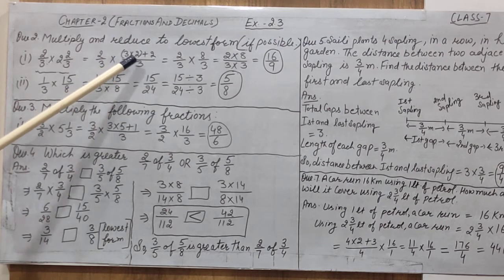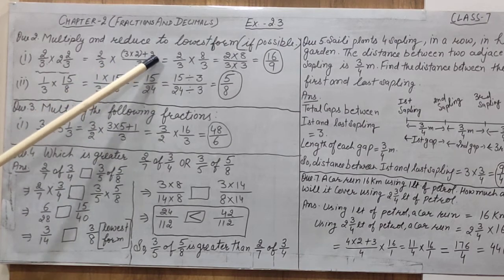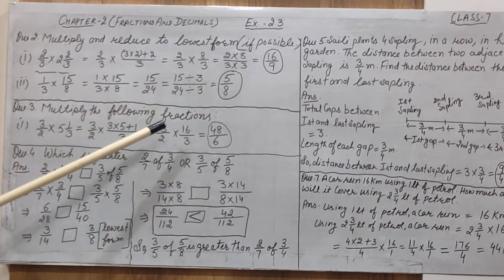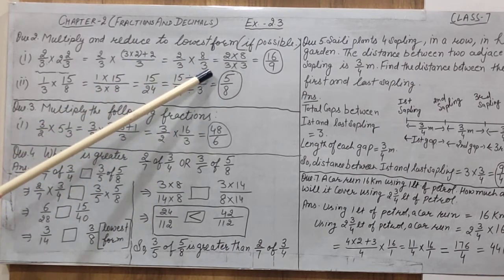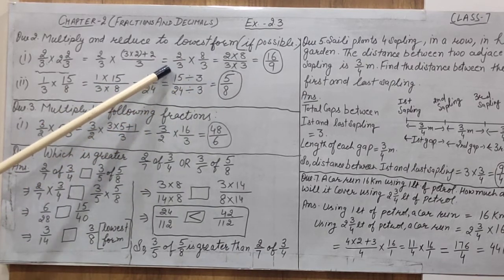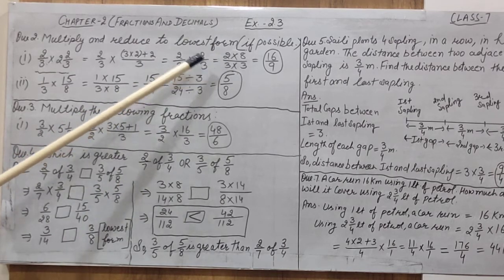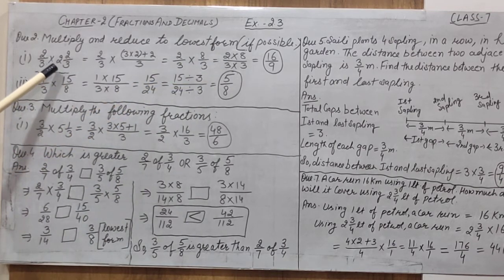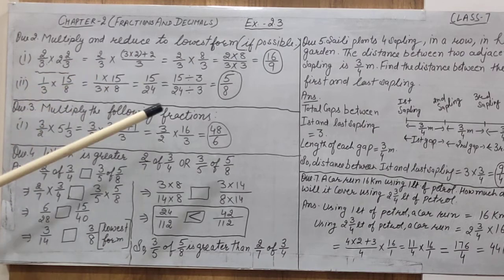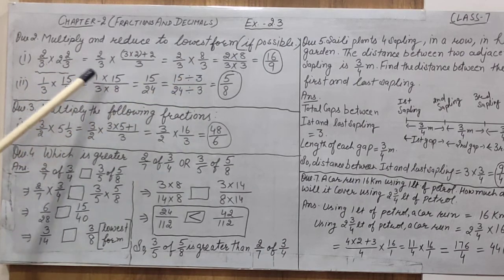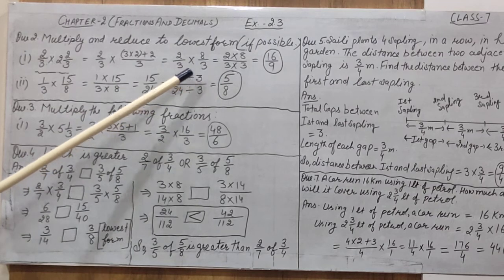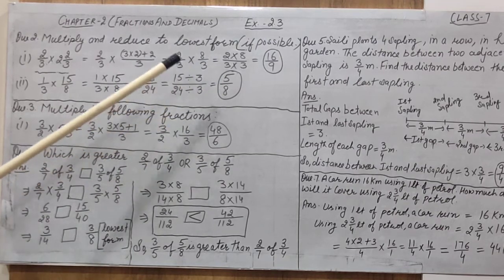So we get 3 multiplied 2 is 6 plus 2, we get 8. Numerator is 8 and denominator is 3. So 2 by 3, that is first fractional number, now multiplied with 8 by 3, instead of multiplying with 2 and 2 by 3. We have to change this mixed fraction into improper fraction and then we can multiply.